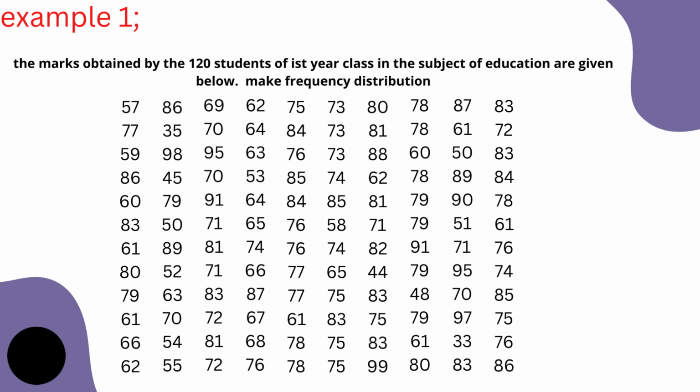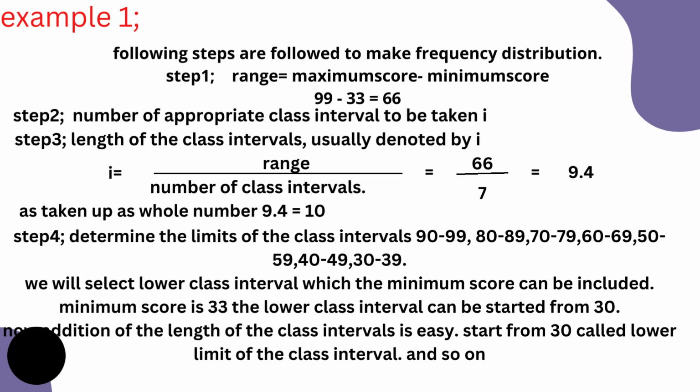Next is an example of a class of 120 first-year students. They get marks in the subject of education. All of these steps can be applied. In the first step, the range, from maximum score to minimum score, 99 to 33, is 66.